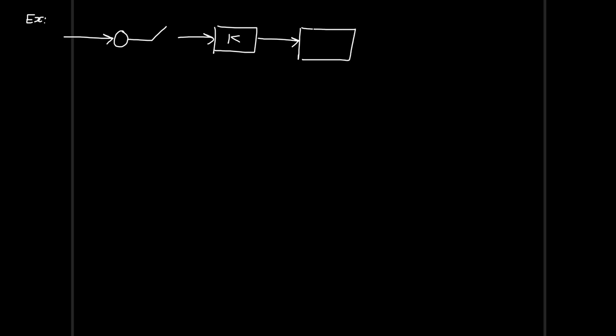Let's take the following example. Let's assume we have the following block diagram. Here, let's assume we have a certain controller with gain K. Here, let's assume we have a zero order hold, 1 minus exponential of minus s over s, which means that T here is equal to 1.